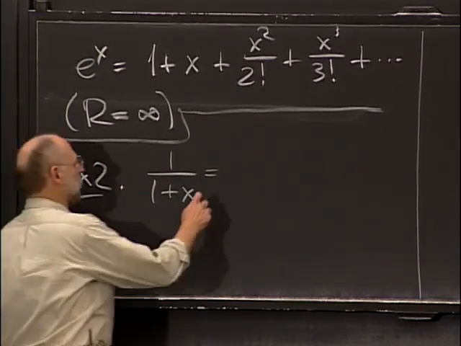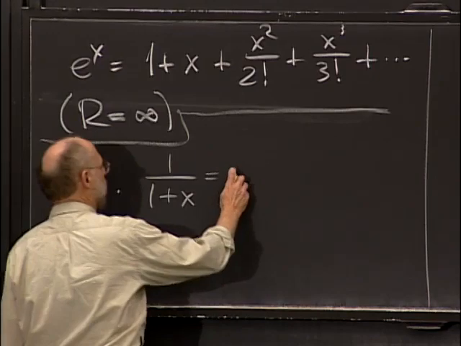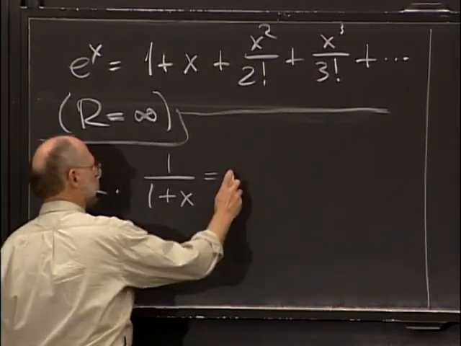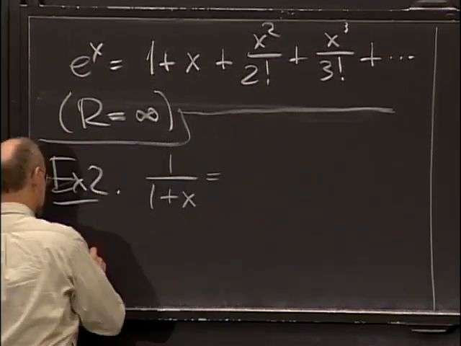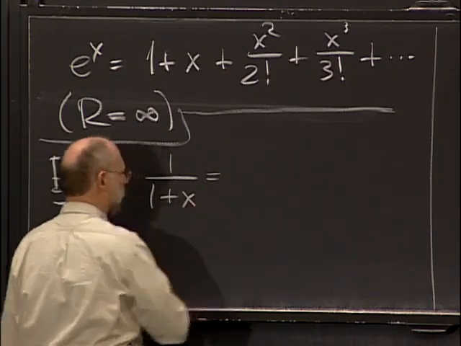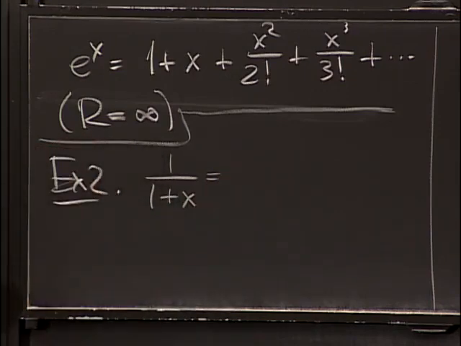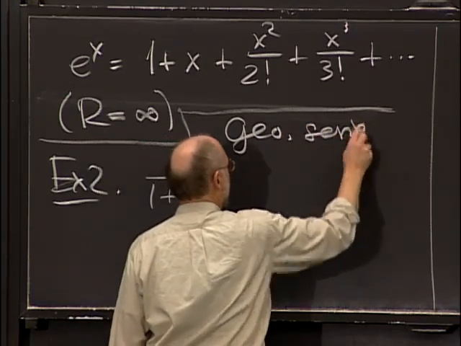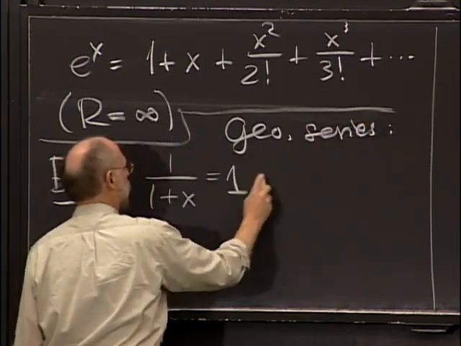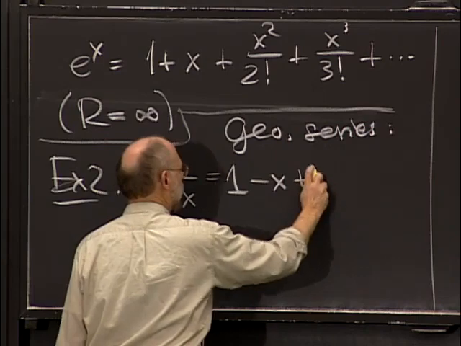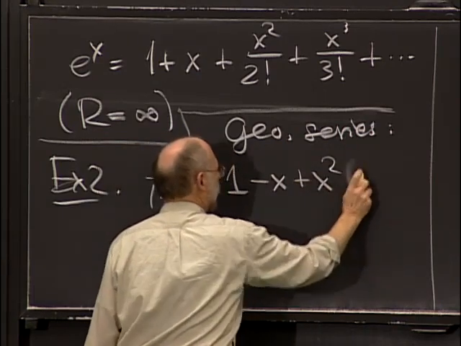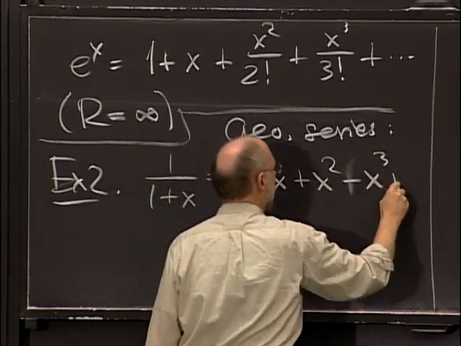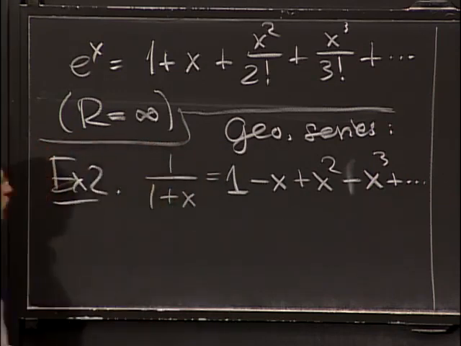Well, I think that somewhere along the line, you learned about the geometric series, which tells you what the answer to this is, and I'll just write it out. The geometric series tells you that this function can be written as an alternating sum of powers of x.